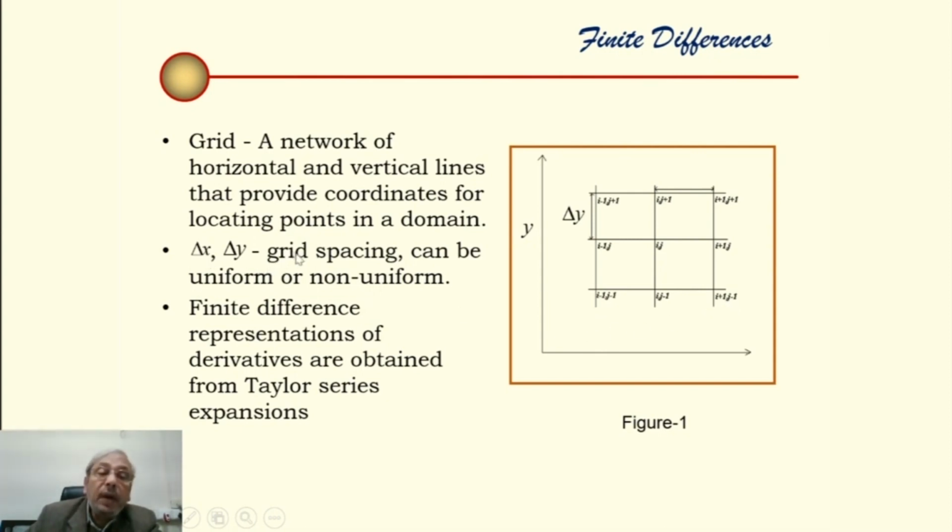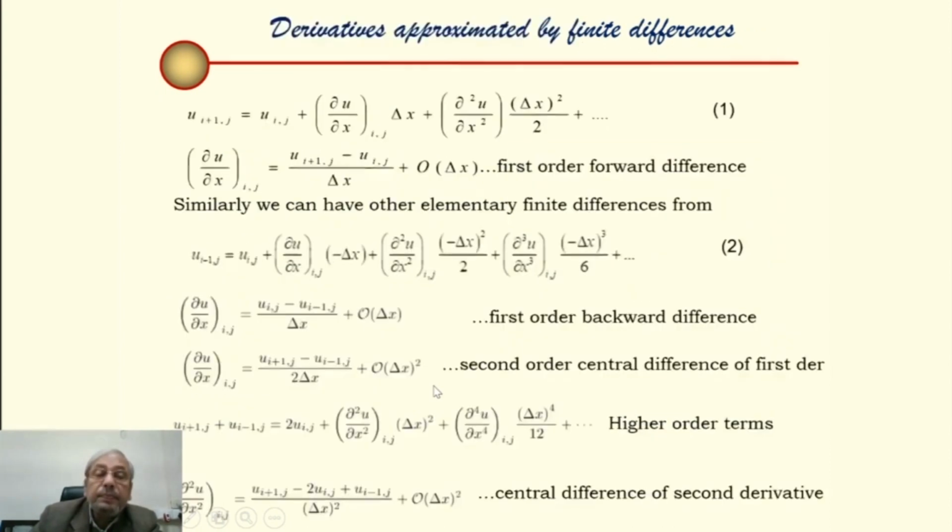So del x, del y are the grid spacing. This can be uniform, can be non-uniform. Now, finite difference representations of the derivatives are obtained from Taylor series expansions.